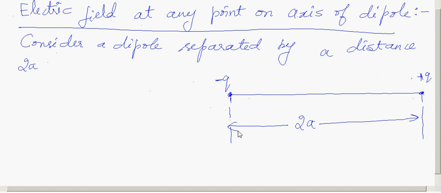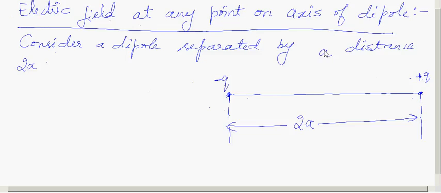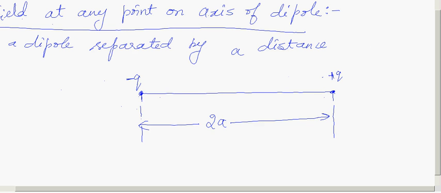Now let us say we want to find out the electric field at any point on the axis of the dipole. Say at some point P on the axis. So P lies somewhere here.